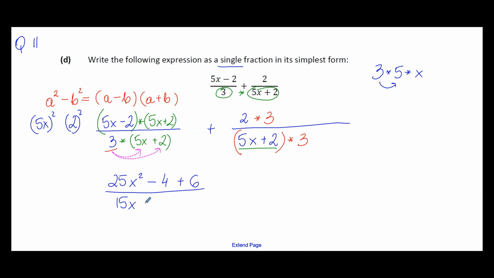And then again 3 by 2, that is 6. Now I'm looking at it and saying, what else can I do? Well, these two numbers can become one number, isn't it? So 25x to the power of 2, minus 4 plus 6, I put that in my calculator, and that's plus 2, over. And there is nothing I can do at the bottom, so 15x plus 6.